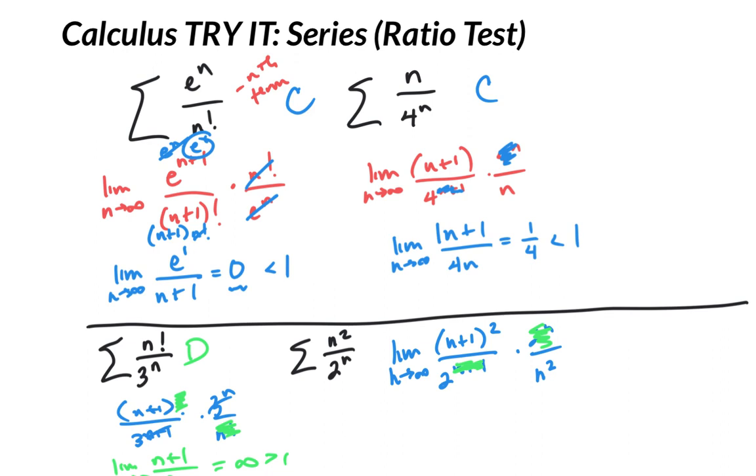And if you multiplied the numerator out, you would have n squared plus 2n plus 1. Really, all we care about is the fact that the biggest term is an n squared. Well, the limit there is 1/2. And that's less than 1. So this converges.